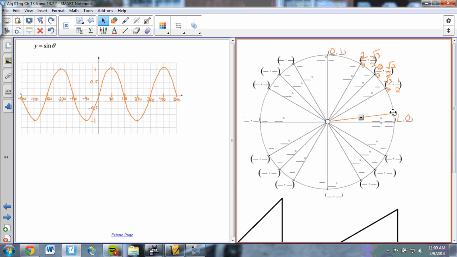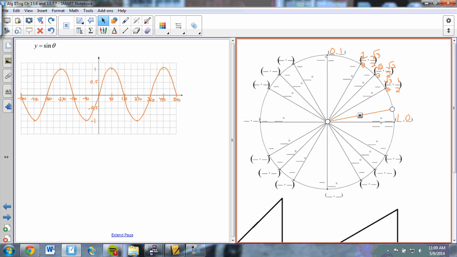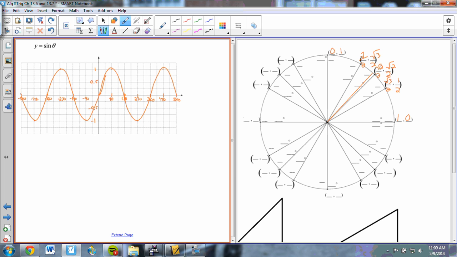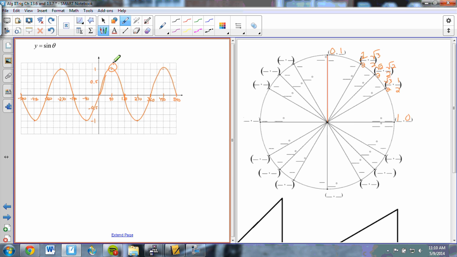Think about sine. Sine means the y value. So over here, we're really graphing the y value as the angle of theta increases. As the angle of theta increases, the y value gets higher and higher. And over here, the y value starts going higher as theta increases. Once theta gets to 90, the y value is at its highest point. It doesn't go above 1, just like how here at 90, the y value is at its highest point.